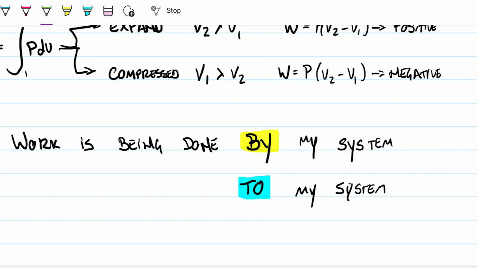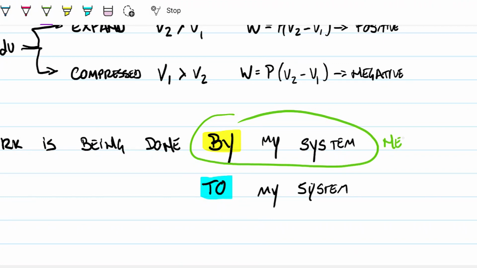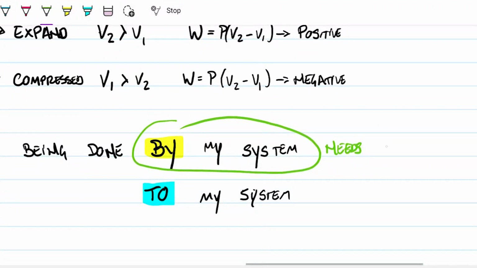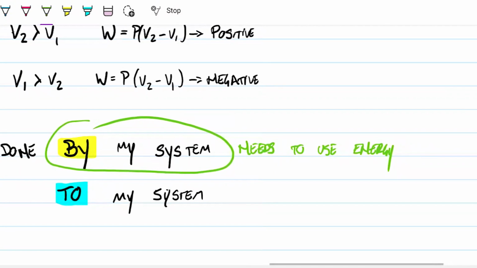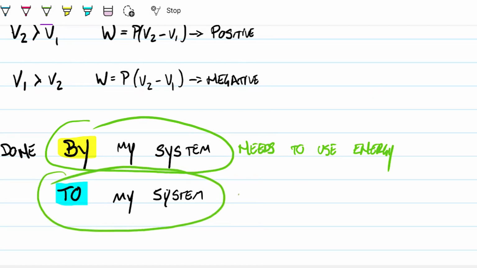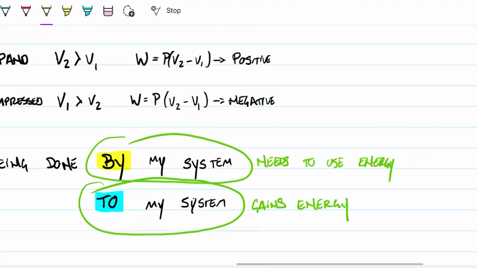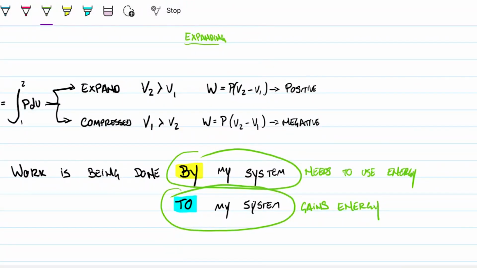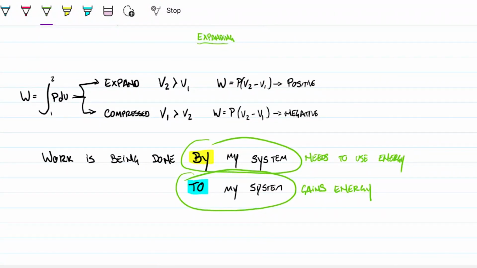Okay, if it's by my system, well, it's using up energy, it needs to use energy, right? If it's being done to my system, well, then it gains some energy, right? Gains energy. Okay, I think having this framework is going to be useful for you if you generally confuse these things.